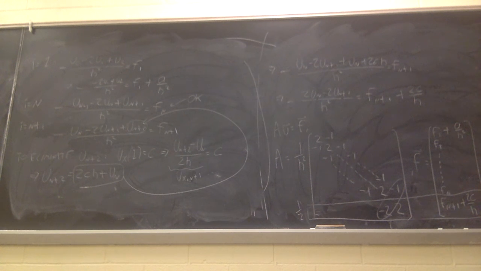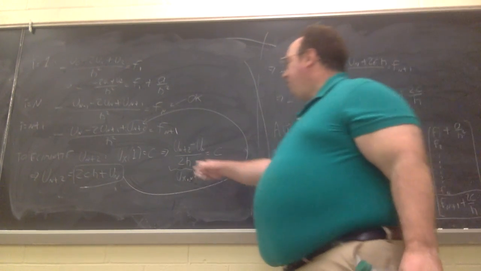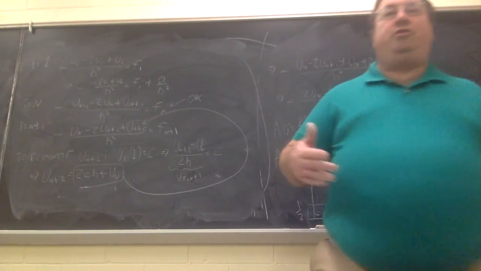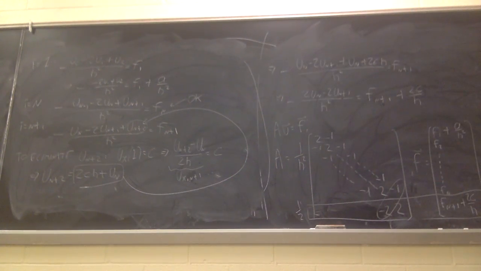But it worked. But in general, this is how you handle these boundary conditions. This point right here, un plus 2, is called a ghost point. It's not really part of your problem, but you can still take advantage of it to set up the equations properly in conjunction with the boundary conditions.